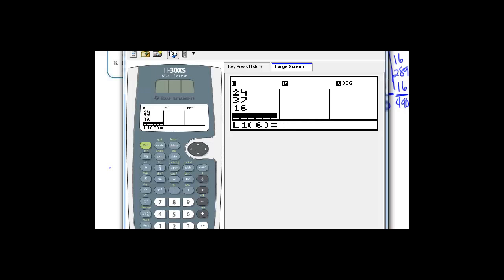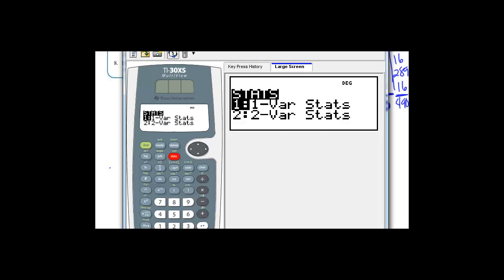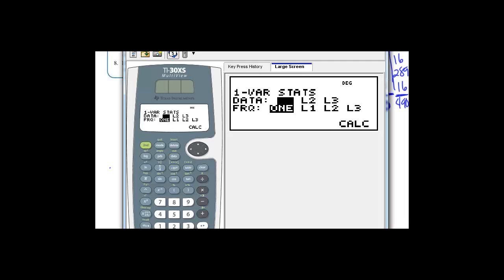Now under that same button, if I use the second function, you see stat, second, stat. We're using only one variable, statistics, so press enter. And then we're telling the calculator which list to use, and we've only provided a list under list 1. The frequency, the way that we've shown that list is every piece of data is only in the data set once.